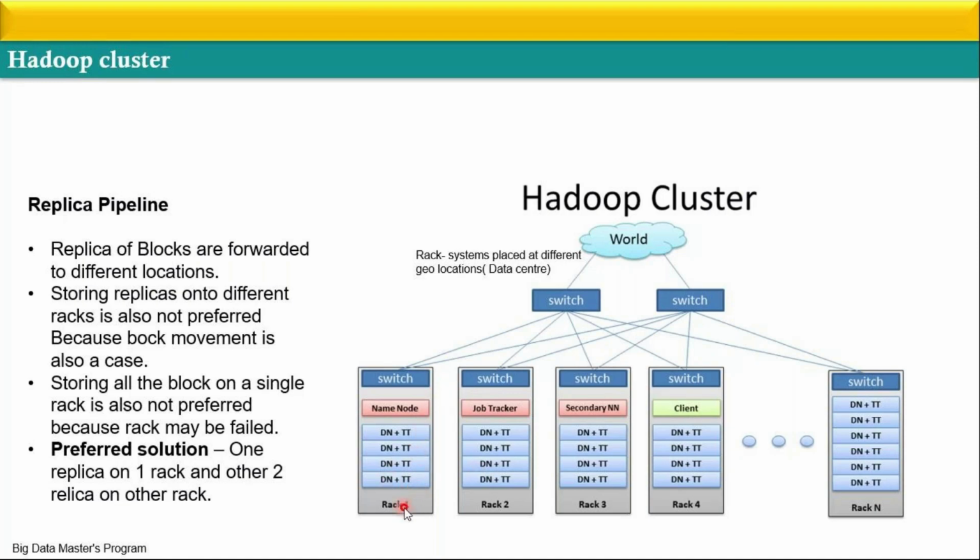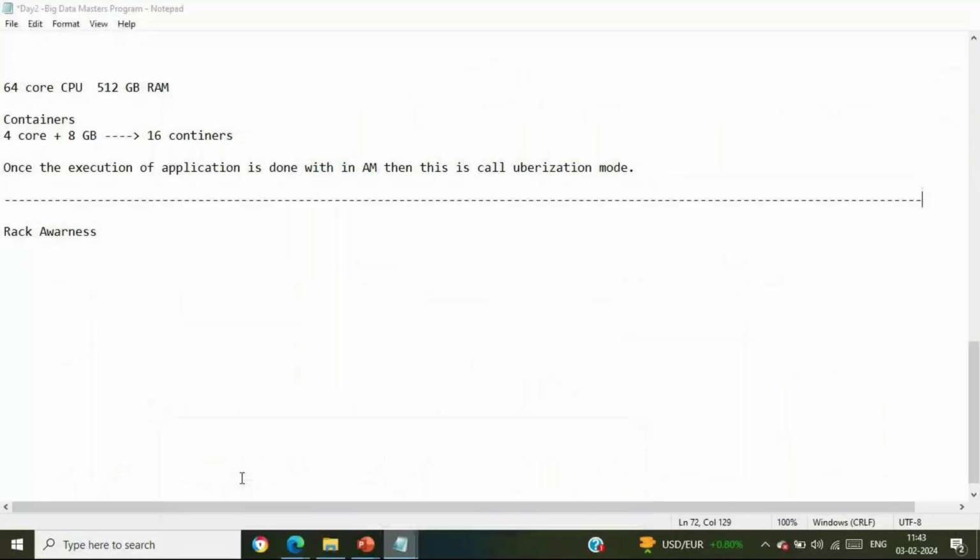maintain fault tolerance. Fault tolerance is nothing but this: if a particular machine or node is down, will I be able to recover the information stored in that node? You have seen a diagram with racks, and racks having different machines.